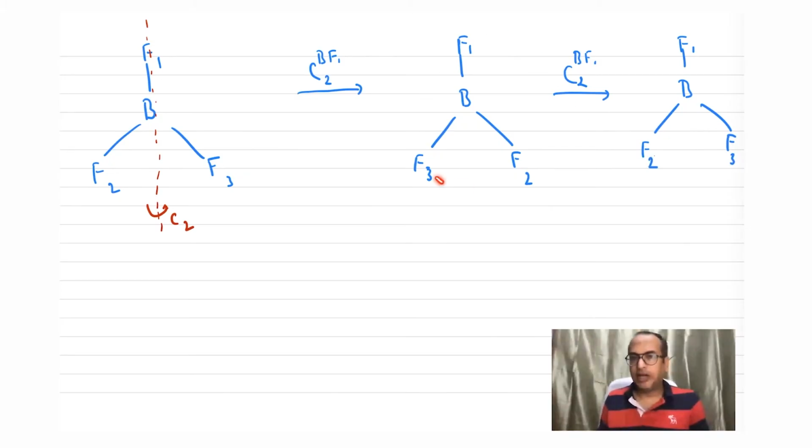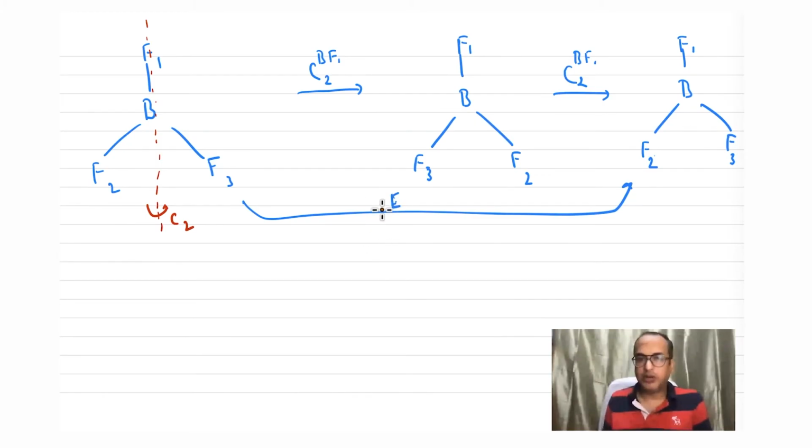Because again F3 will go to F2, F2 will go to F3. Now if you see this, if you want to go directly from here to here, so C2 done twice will be actually identity operation, right? So C2 done twice will give you identity operation. Okay.